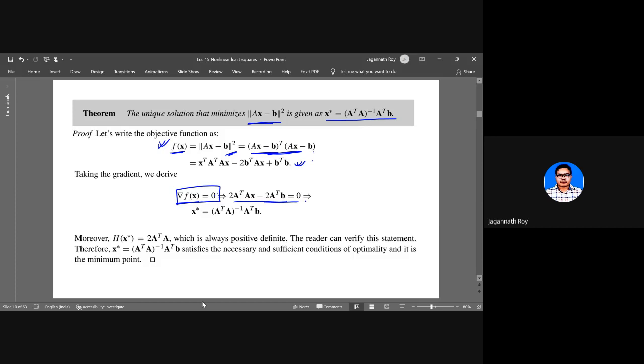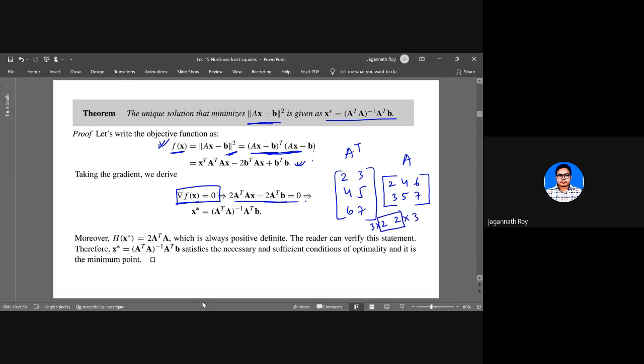And from here, A transpose, for example, this is a matrix 2, 3, 4, 5, and 6, 7. If you take the matrix A as 2, 4, 6 and 3, 5, 7, this is 3 by 2, and A transpose is 2 by 3.